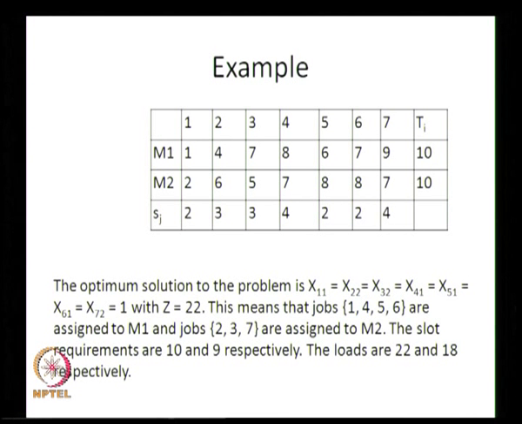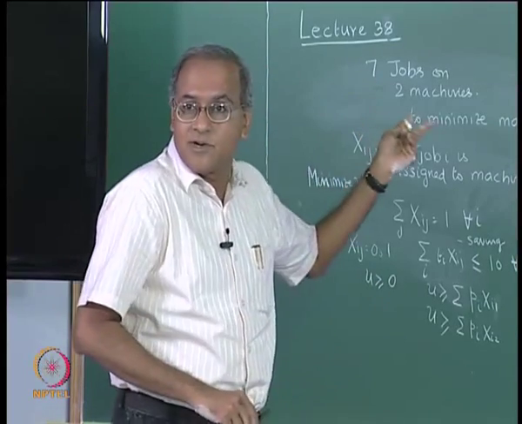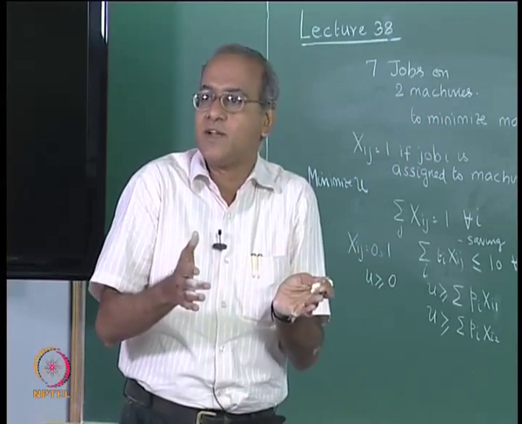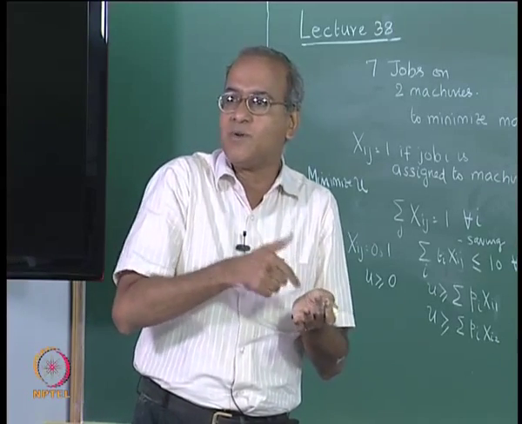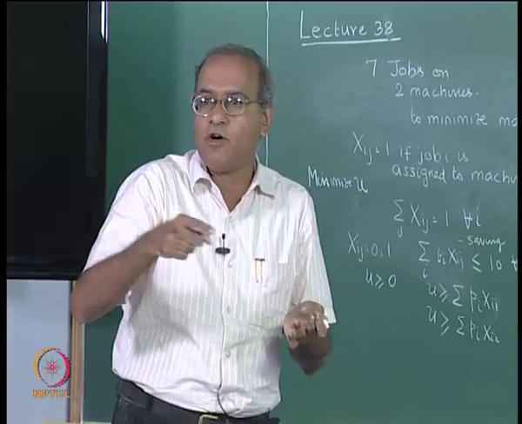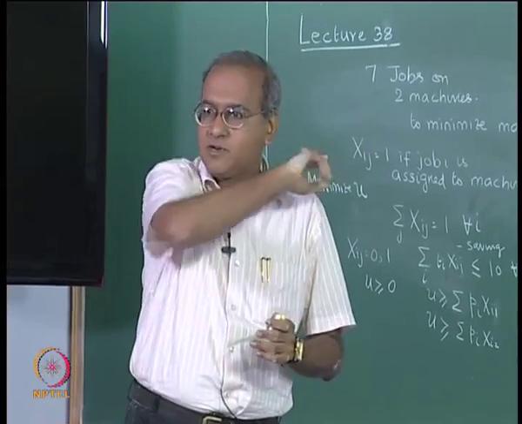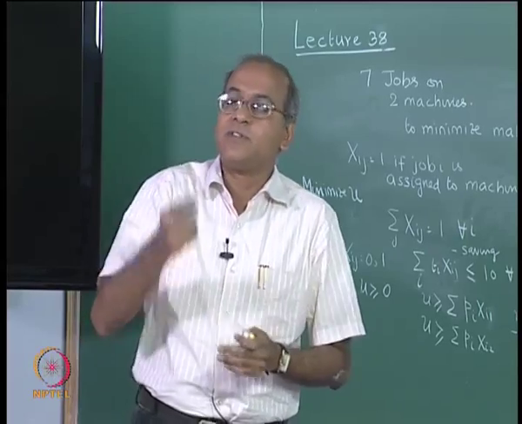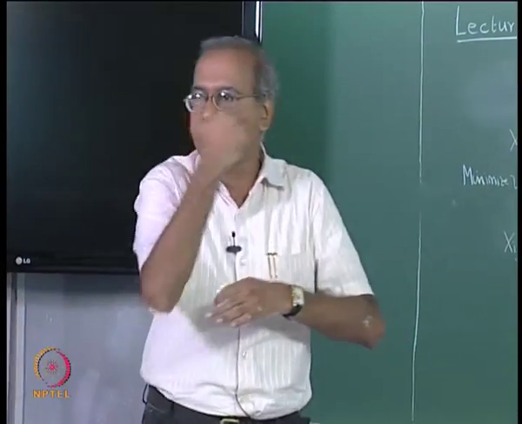By releasing job 7 from M2, I am not exactly saving 4 slots, because if 3 and 7 were in M2, together I have already saved 2 slots by putting 3 and 7 together. Now by releasing 7, 3 would want those common tools. So I am not saving 4, but I am saving only 2 slots, because 2 out of the common tools are still required. So that also has to be brought in when we actually move jobs from one to another.